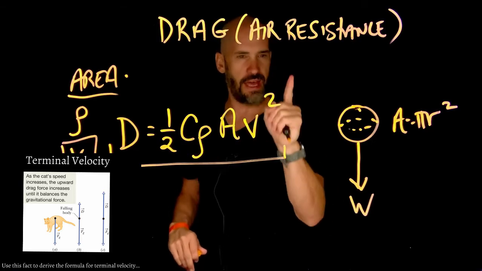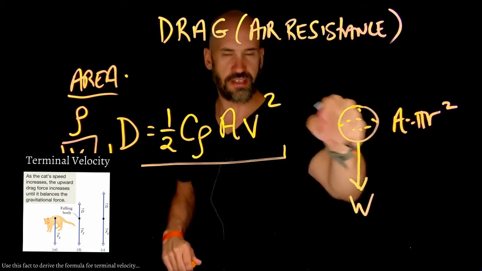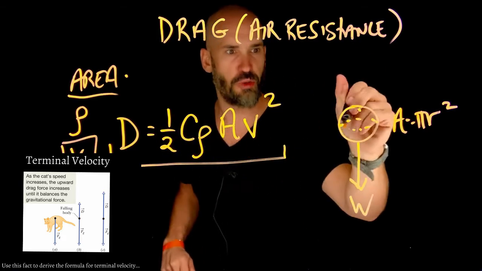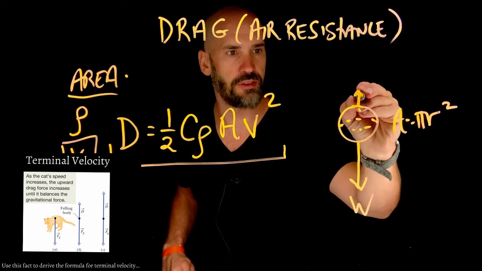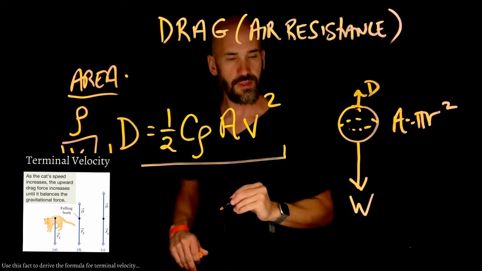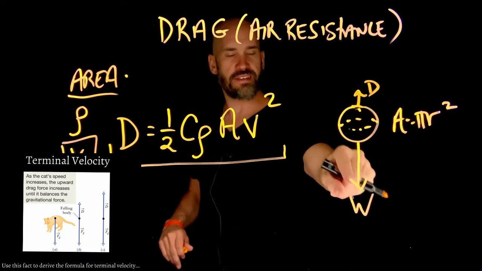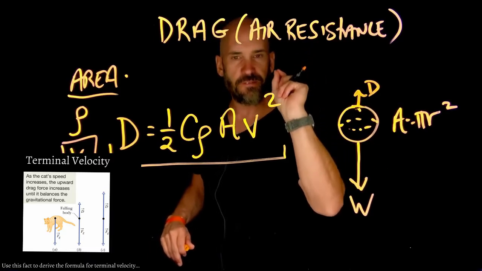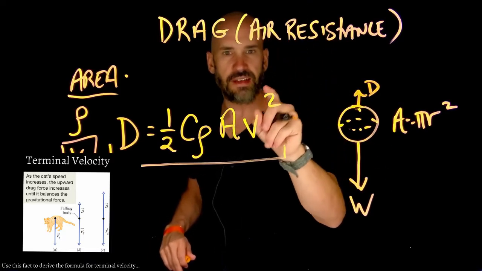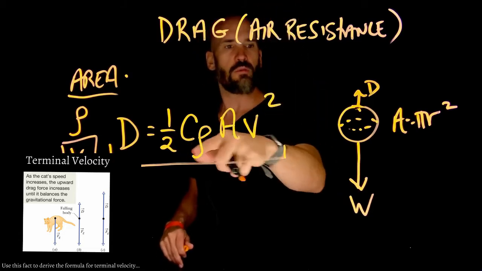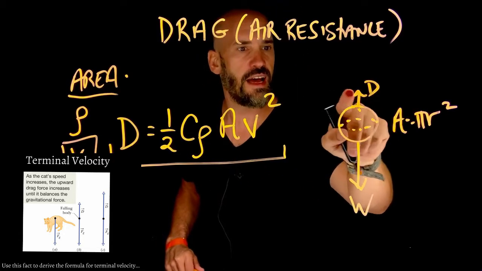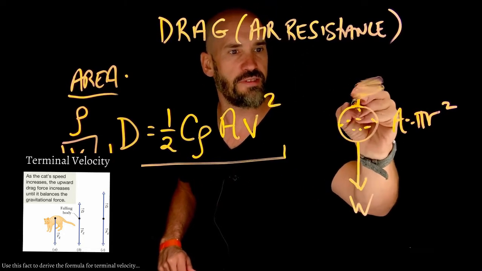But then it starts to accelerate, and now I do have a velocity, so the drag force gets a little bit bigger. So I'm going to put a little d. And as this guy accelerates, he is getting faster still, and that means velocity is even bigger, which means the drag force is even bigger.